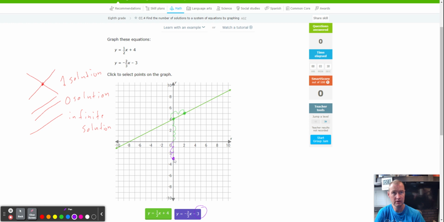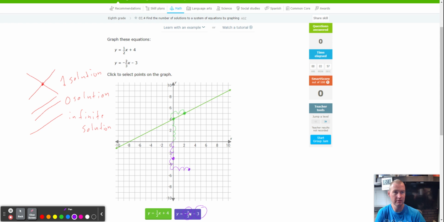That lands right here. And for the slope, I'm going to put the negative with the numerator. Which means I'm going to count down another 2, because instead of rising, the opposite, which is negative, means to fall instead of rise. So down 1, down 2, and that positive 3 means to the right 3: 1, 2, and 3.